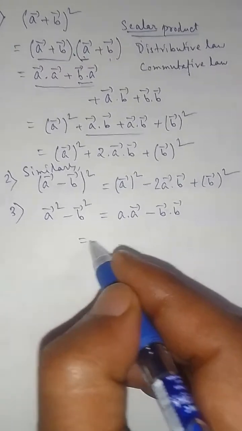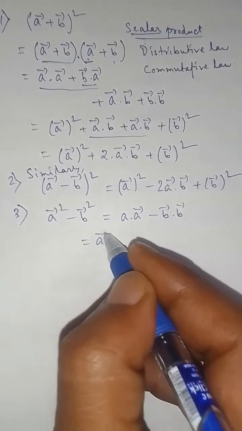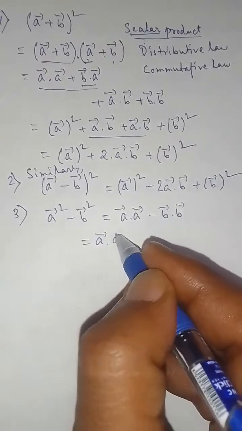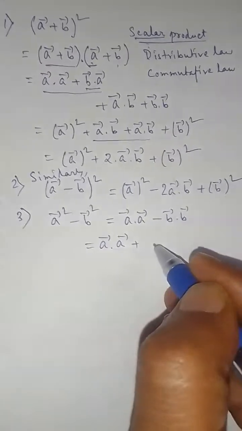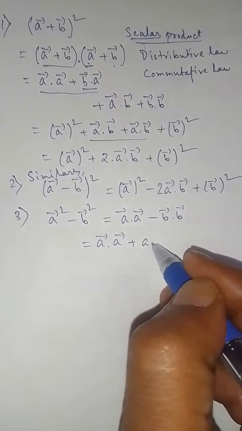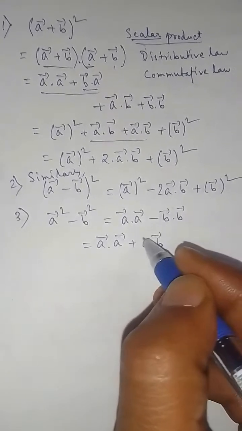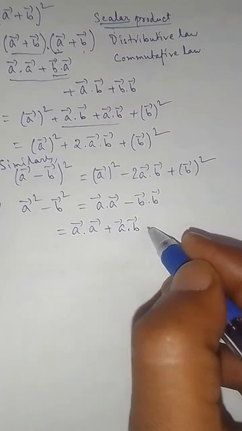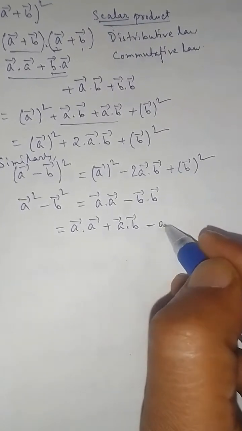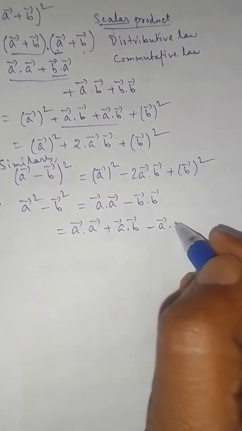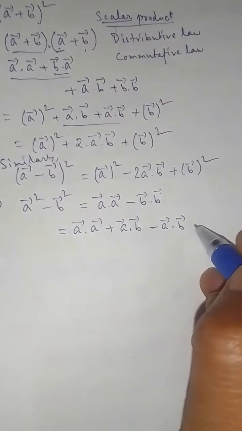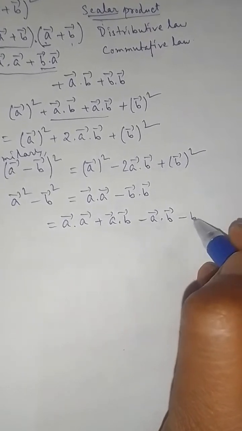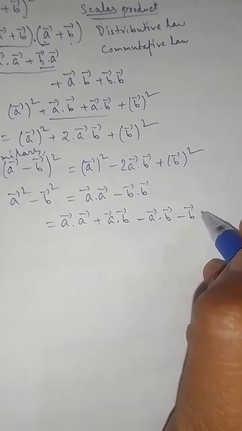So here we introduce a vector plus a vector b vector, and we introduce a vector b vector minus a vector b vector minus b vector b vector.